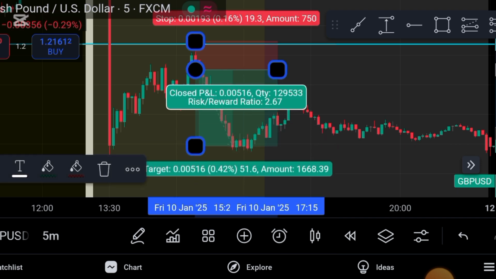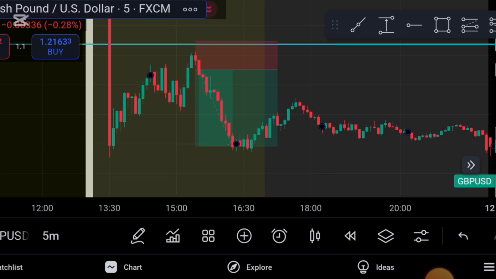And then now you're getting a 1 is to 2.6, which is really not bad. It is a good amount. You made more than 2 times of what you put in. That's great. So you take what the market can offer. You're not going to make a 1 is to 8, 1 is to 10, or 1 is to 5 all of the time. You take what the market is offering you for that moment. Okay, guys?